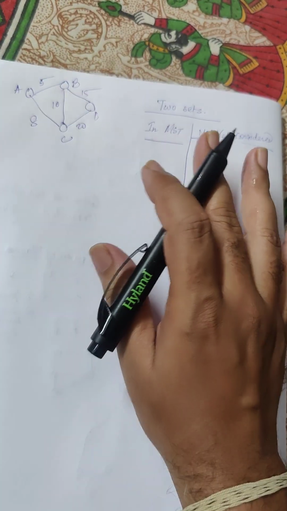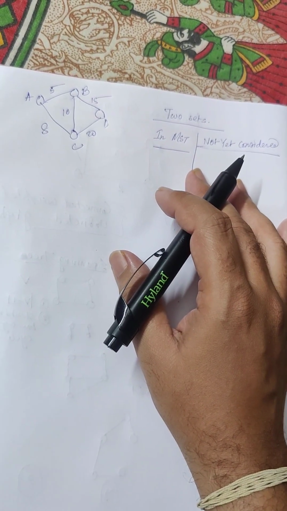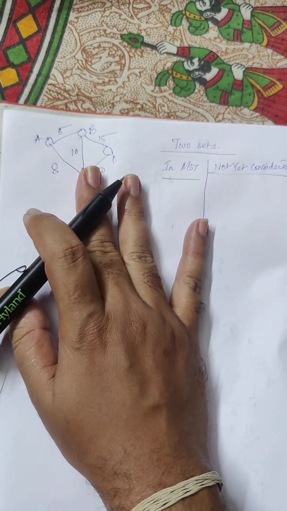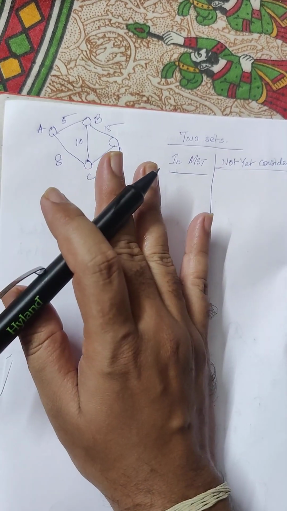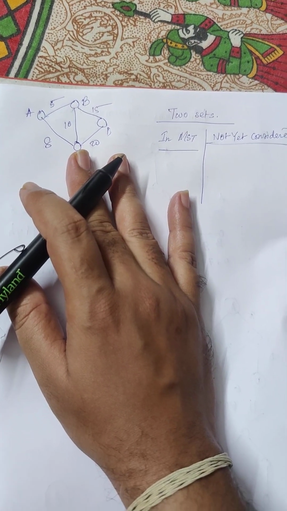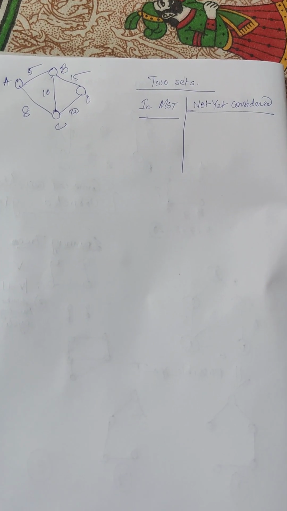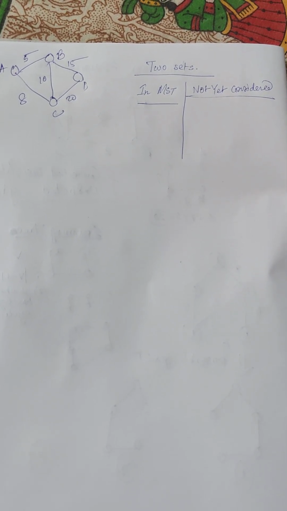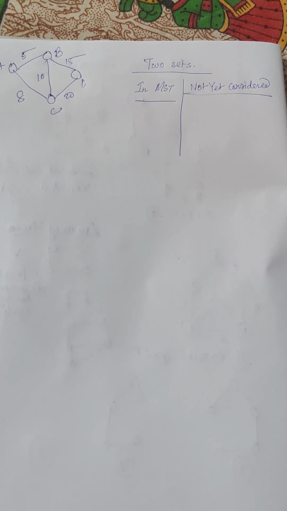So the question is, if we consider this, it is basically a weighted graph, a connected graph, and an undirected graph. On top of this we can apply Prim's algorithm, and we can make a dry run at a very high level.